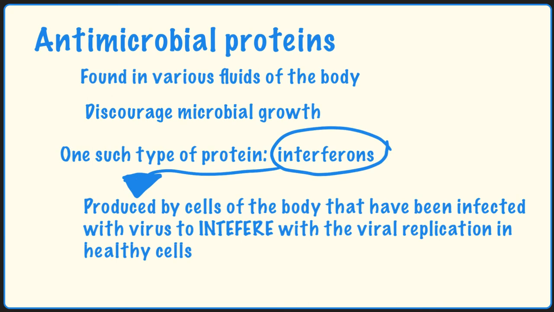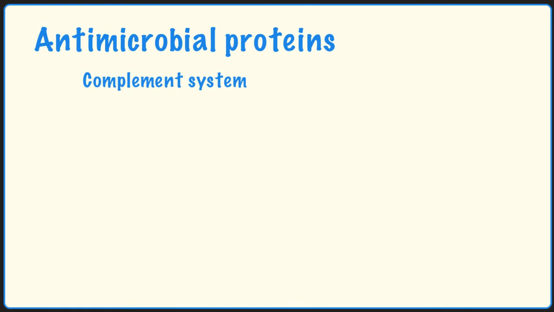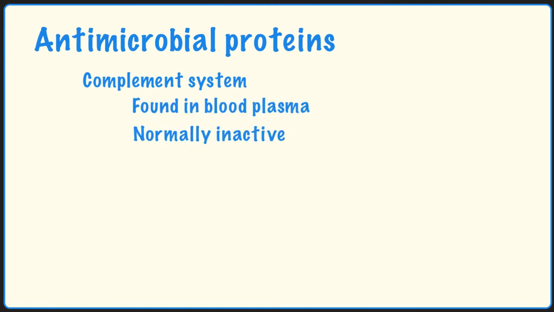The complement system is a group of proteins that are found within the blood plasma that are normally inactive, meaning they're not really doing anything. But when they're activated by the immune system, they are going to work to complement, which is why it's called the complement system, or enhance certain immune reactions.